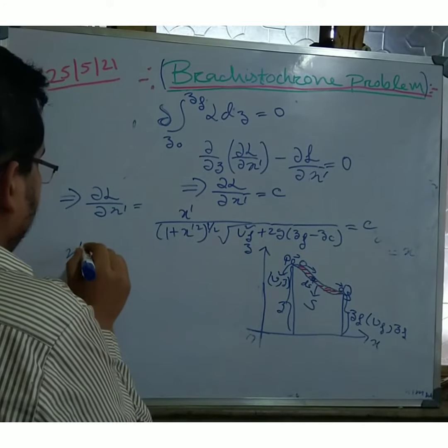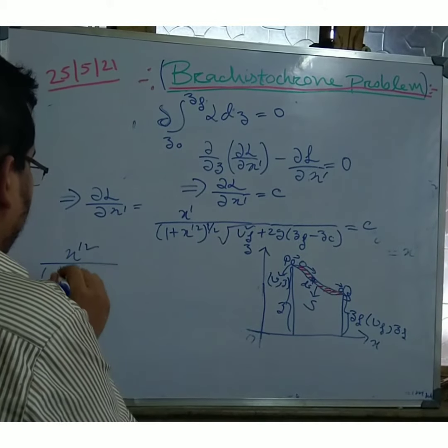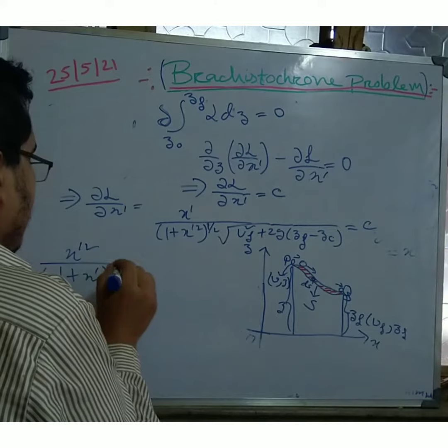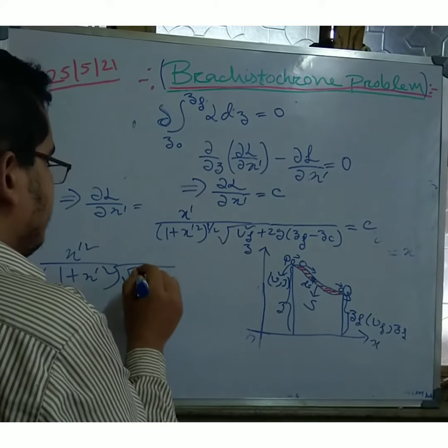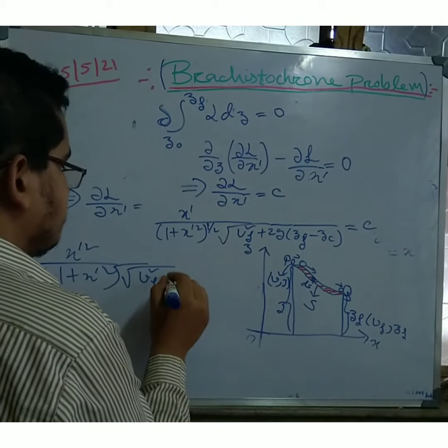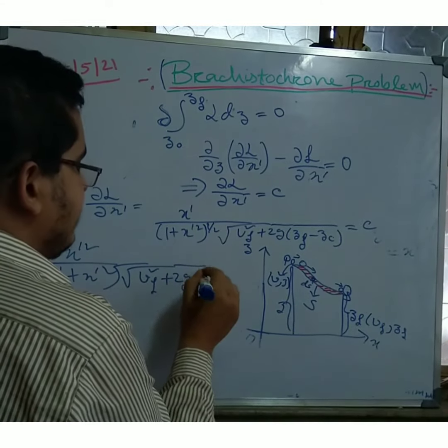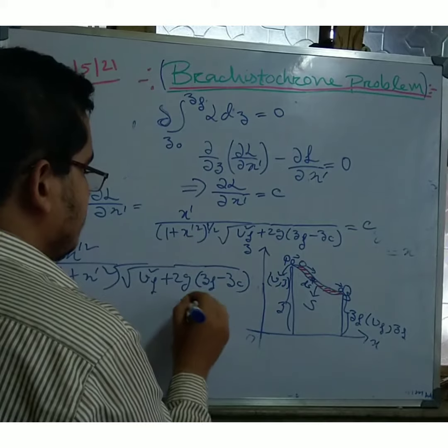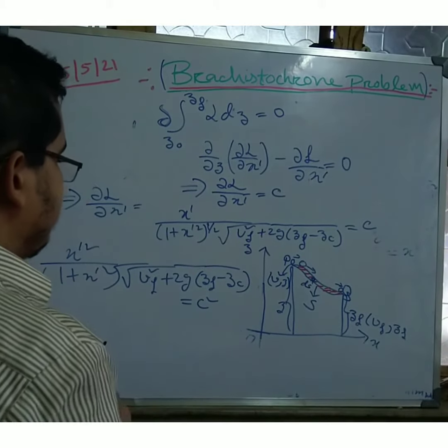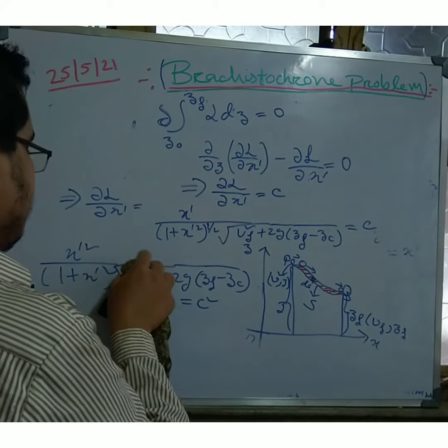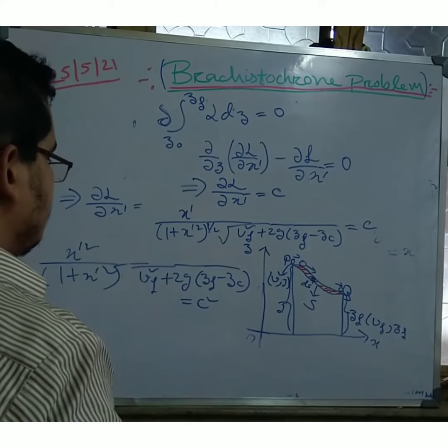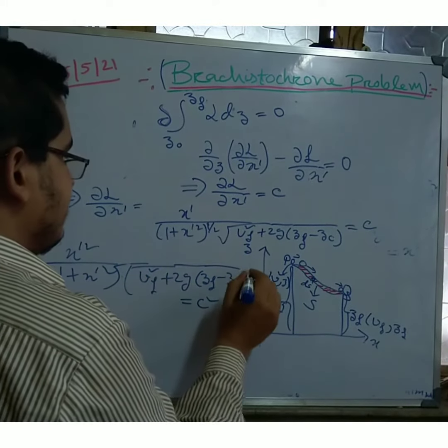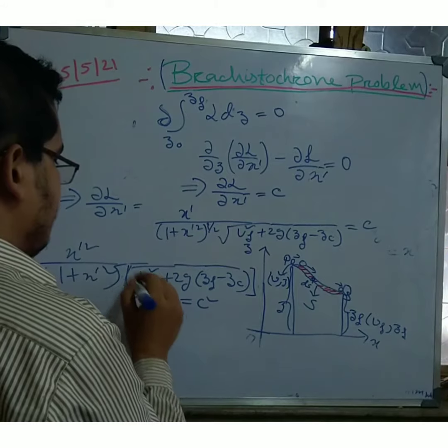So friends, whatever you can get: x dash whole square over 1 plus x dash whole square into root over v square f plus 2g into zf minus zc is equal to c, and squaring, the root should be removed. I remove the root.